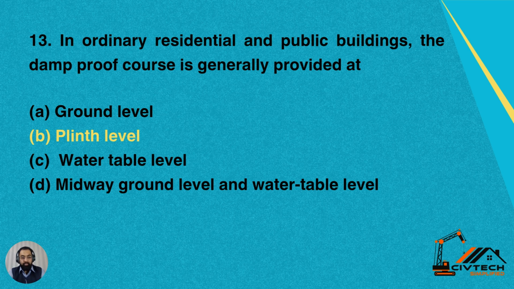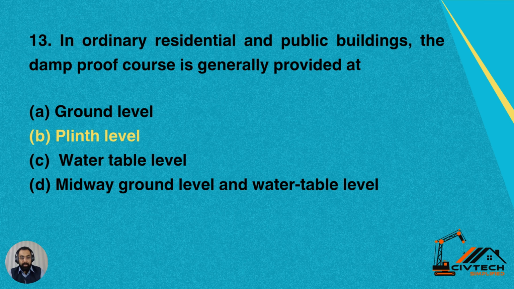Number 13. In ordinary residential and public buildings, the damp proof course is generally provided at where we provide DPC. And why we provide DPC is just to control the dampness from rising up in the building from the soil. We provide a small 2 inches thick layer of PCC concrete above the plinth level.